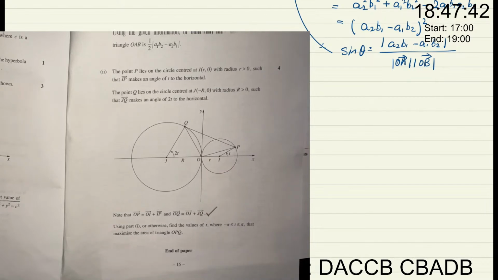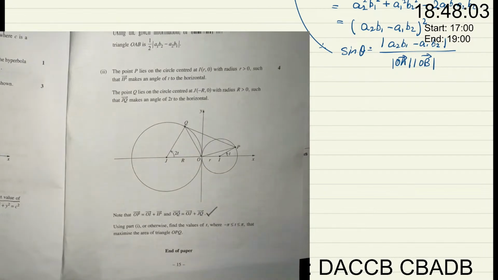Okay, here we go. IP has the following components: R cos T in the I component, R sine T in the J component. You just have to be really good at vector addition.